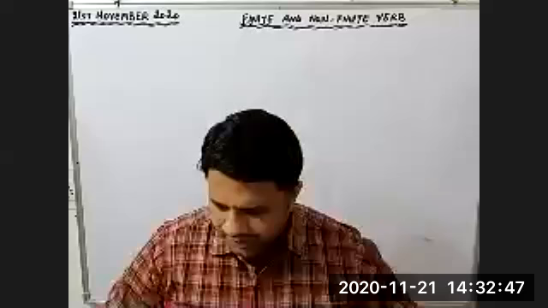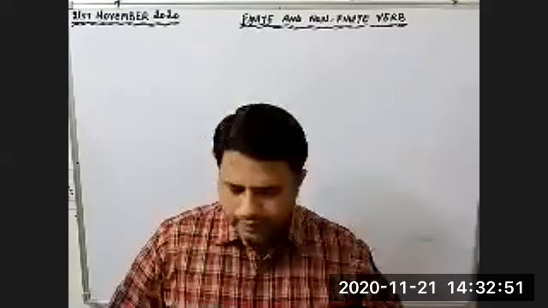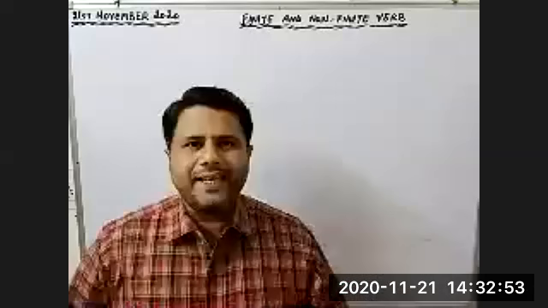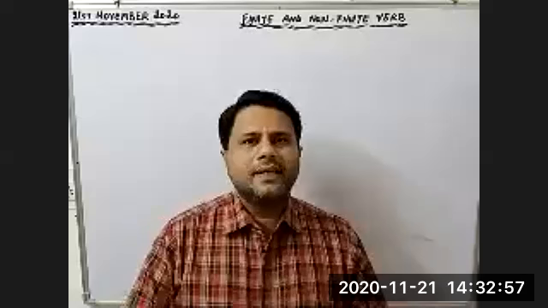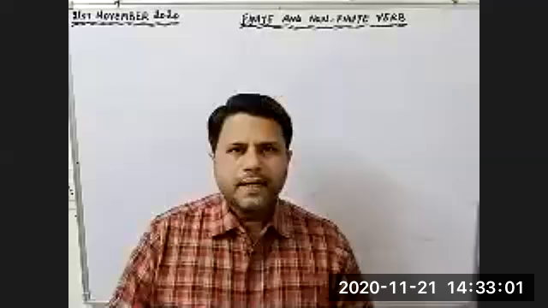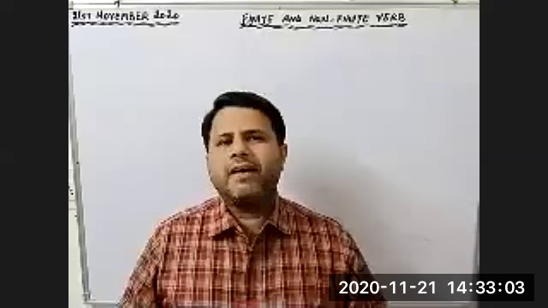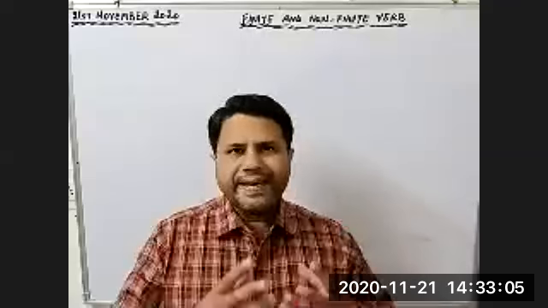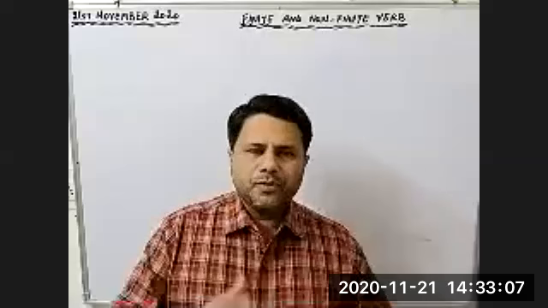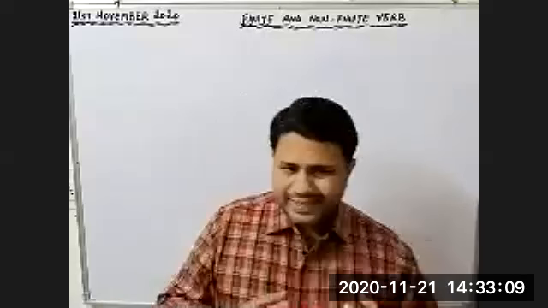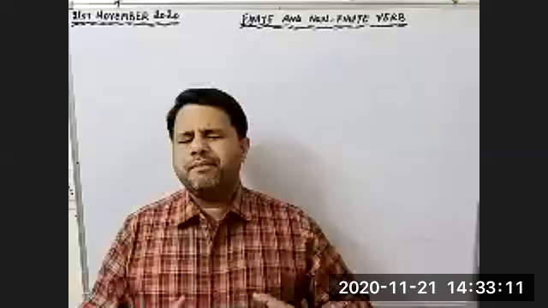In non-finite verb, we have different categories: infinitives, participles, and gerunds. Today we'll start with infinitives. Children, what is an infinitive? Infinitive is the base form of the verb. When I say base form of the verb, it means first form of the verb. When I say first form of the verb, it means S or ES will not be added.